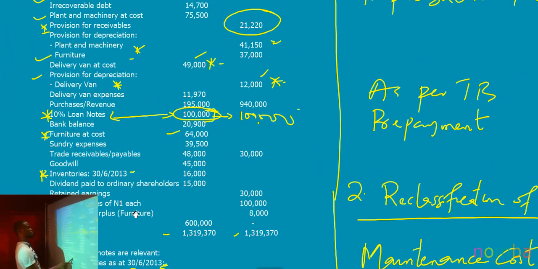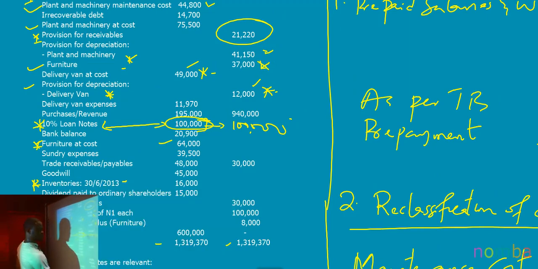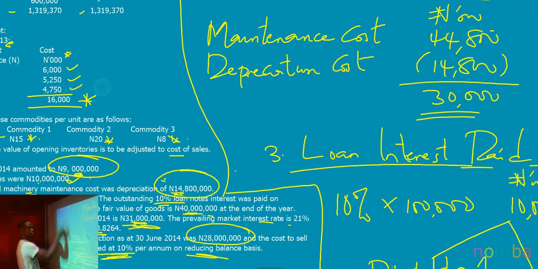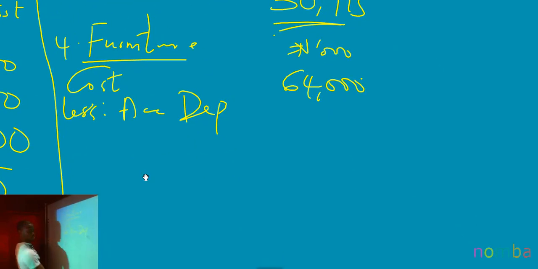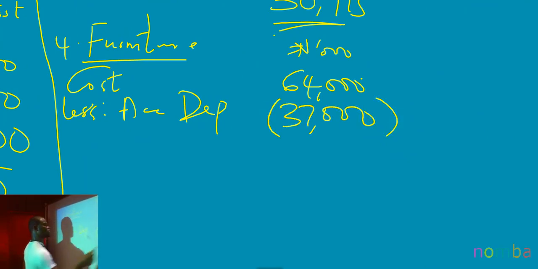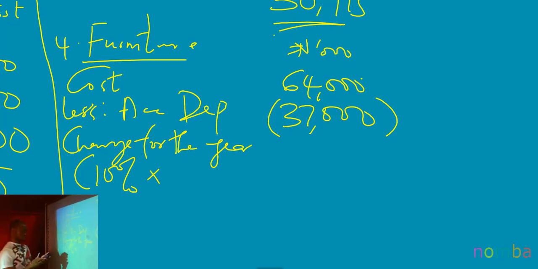What's the accumulated depreciation for furniture? And it is 37,000. Then we deduct the charge for the year, which is the depreciation for the year, which is 10% reducing balance, which is 64,000 minus 37,000, which is 27,000.